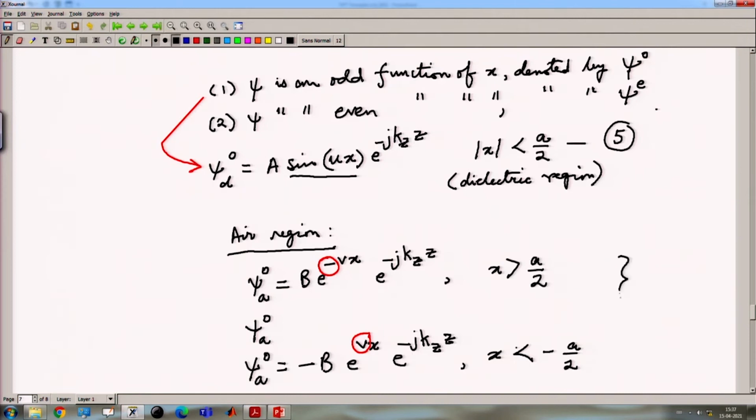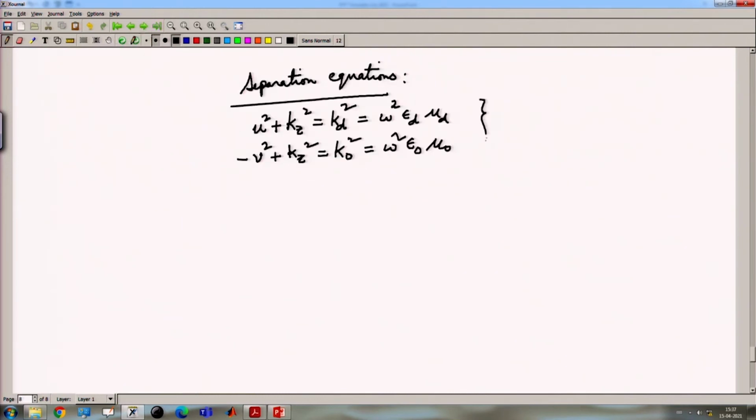We call the previous equation, equation 6, and this equation, equation 7.